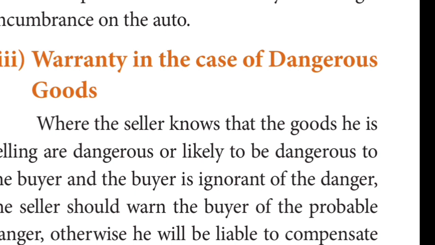When the buyer faces any problems because of that, he can go and claim damages from the seller. Right? So in the case of any dangerous goods, there must be a particular warning given by the seller, which is an implied warranty. If he doesn't give it, he must be liable to pay the damages of the buyer.